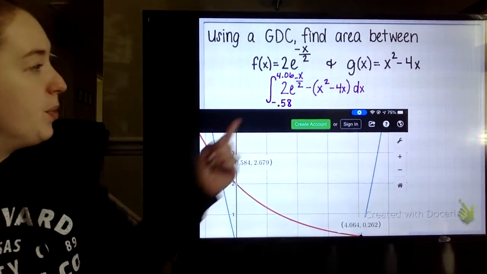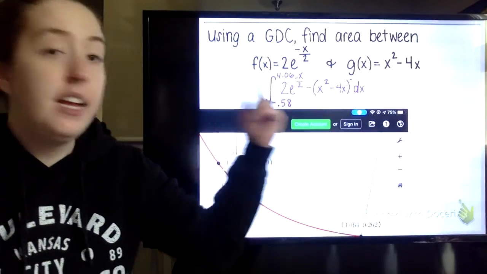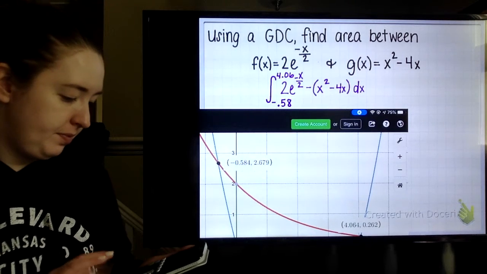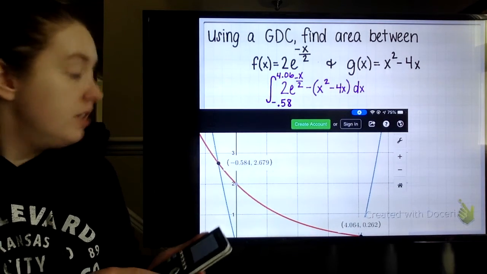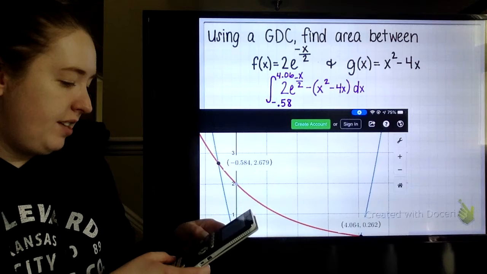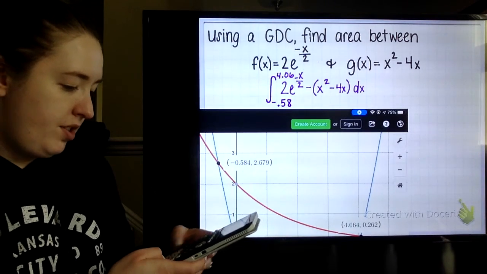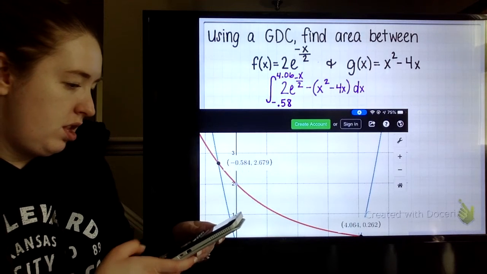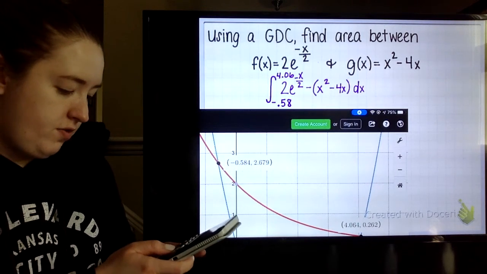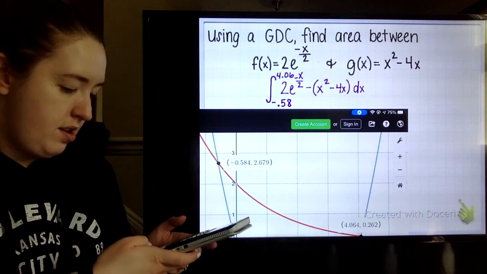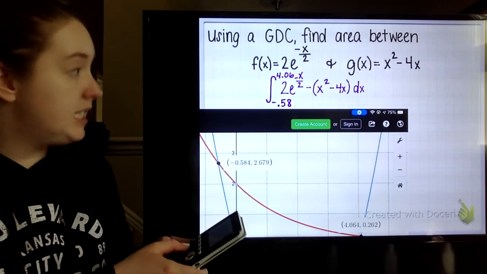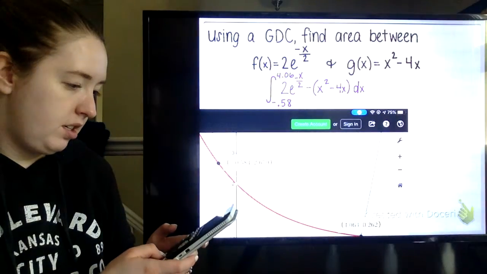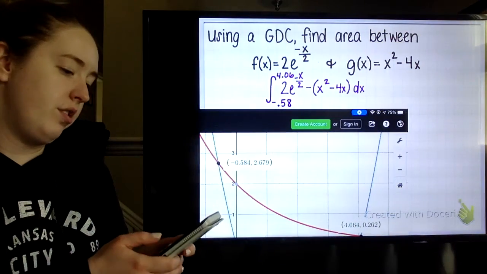So what we're going to do is put that function into y equals. So into y equals, I've got 2e to the negative x over 2 minus parentheses x squared minus 4x close parentheses, graph.